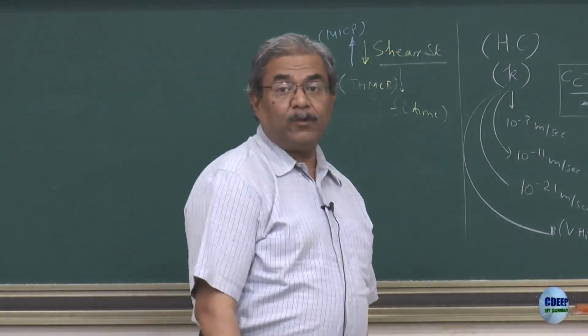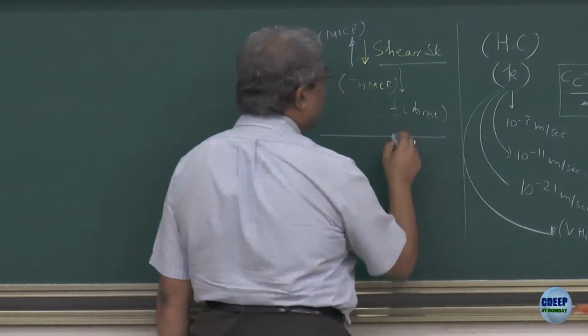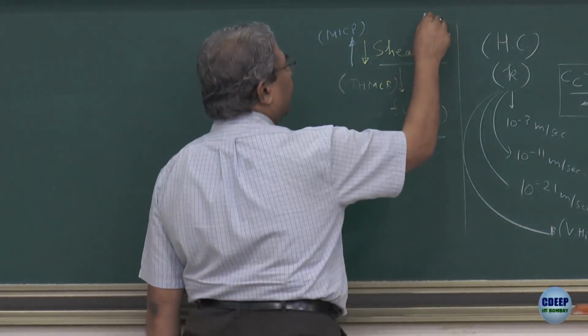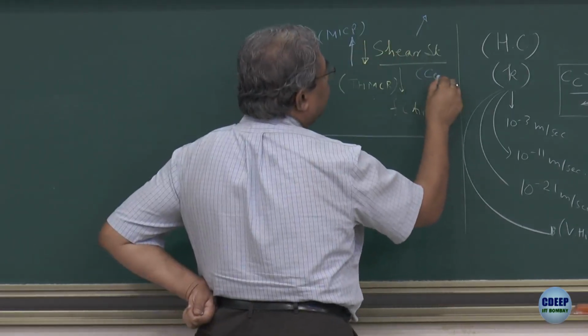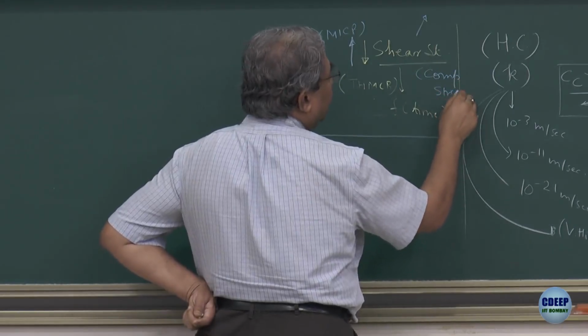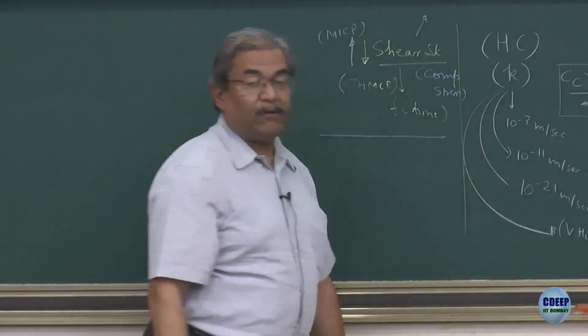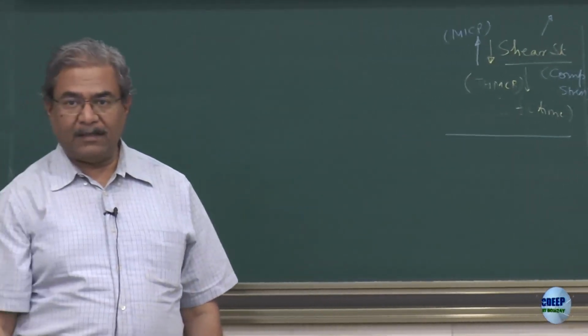Then sometimes we do penetration tests. Penetration is also a sort of a shear strength. Mostly shear strength is used for compressive stresses, all right. But suppose you want to see the tensile strength carrying capacity of the material, where would you use it?